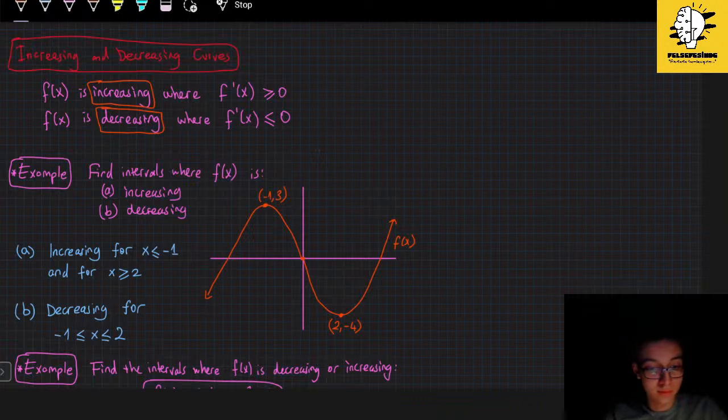It's pretty interesting. IB asks these kinds of questions, and these questions are worth at least 20 marks. And we will be solving some past paper questions about them. Okay, so let's see.